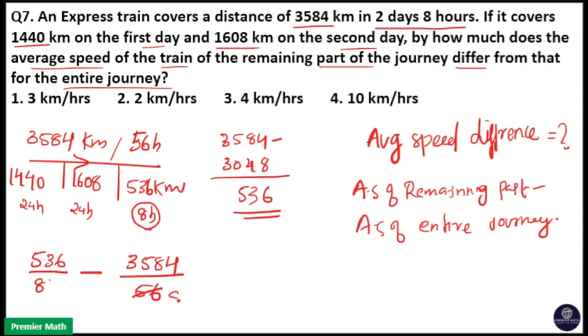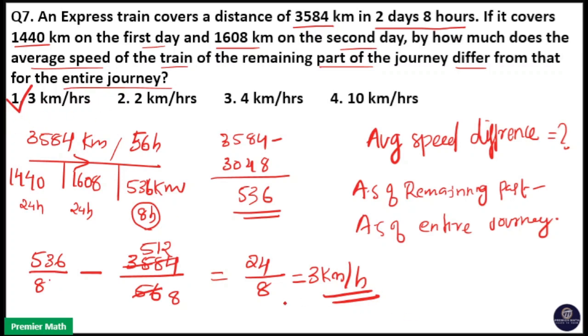Here 7 into 8 is equal to 56, and so 512 by 8. So 536 minus 512 is equal to 24, divided by 8. So 3 km per hour is the difference in average speed. So option A is your answer.